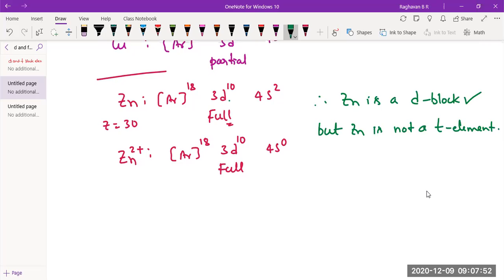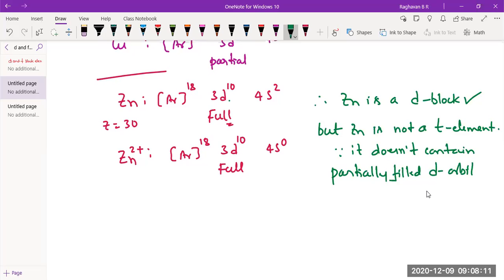Because it doesn't contain partially filled d orbitals either in the atomic state or in the oxidation state. So that's the reason why we say zinc is a d block element and not a transition element.